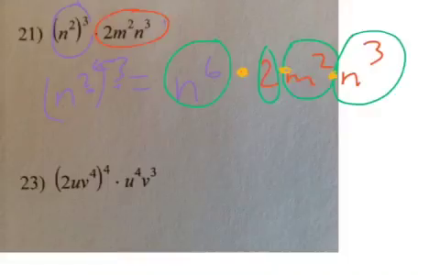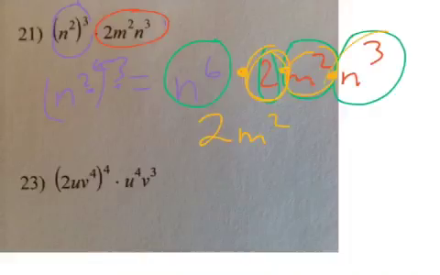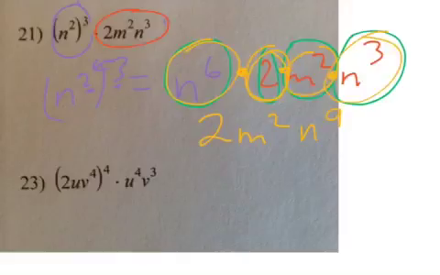And so therefore, long story short, the 2 is the only regular coefficient or number, so our solution will have a 2 in it. The m squared, there is no other m, so it's still m squared. And the n^3 times the n^6, now we're multiplying, but remember we add powers, n^9.